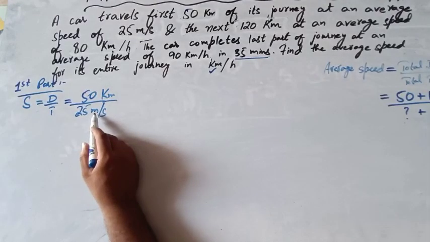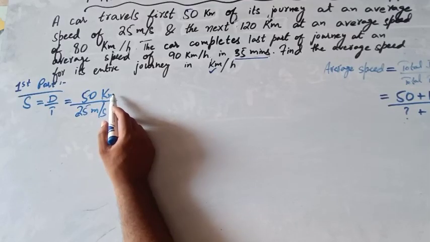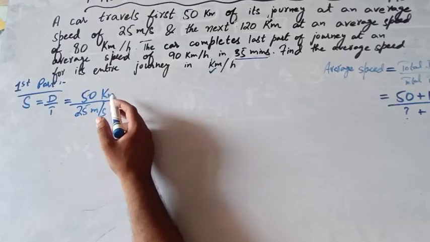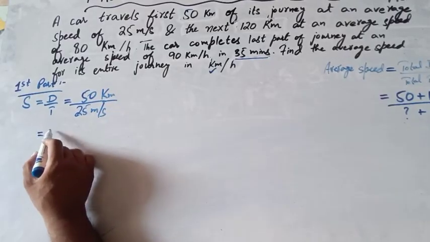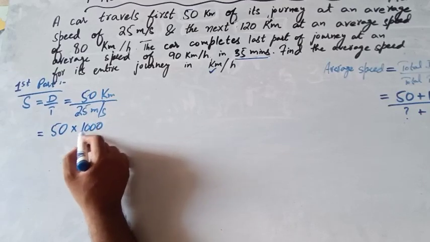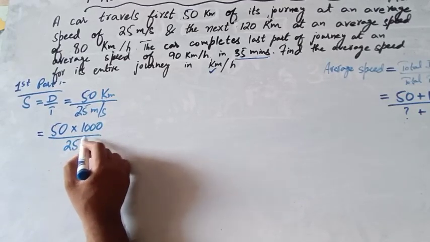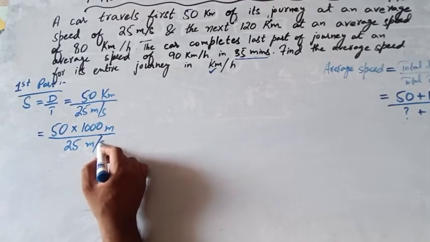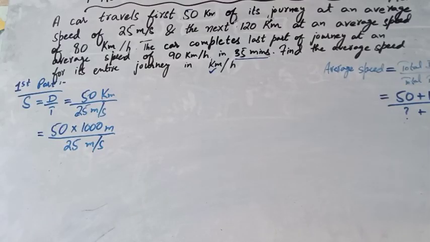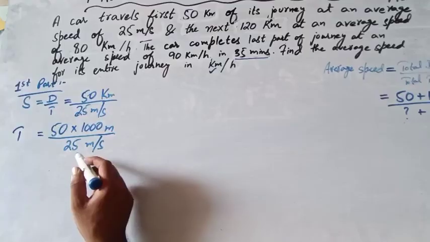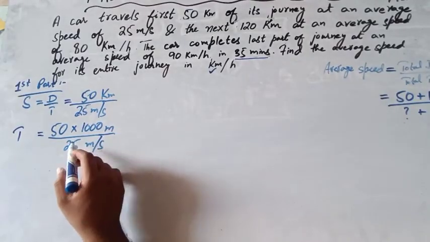Either the distance should be in meters, or we need to convert the speed into kilometers. So we are converting kilometers into meters by multiplying by 1000. Now the speed is already in meters per second, and we are finding time, so now we can simplify them.